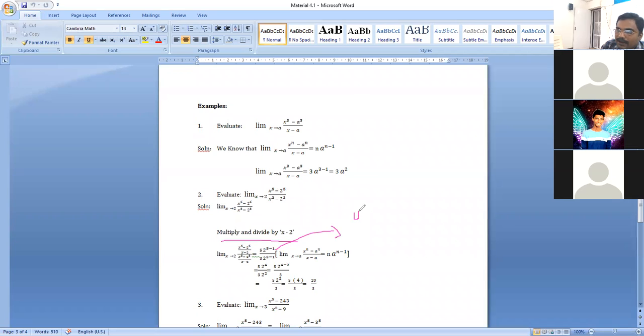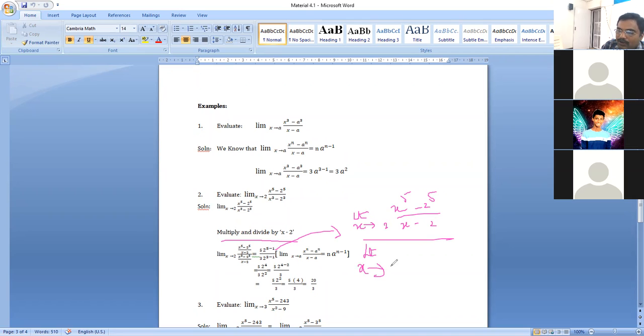So how do you get it? Limit x tends to 2, (x power 5 minus 2 power 5) by (x minus 2), divided by, so you are applying it to the numerator.